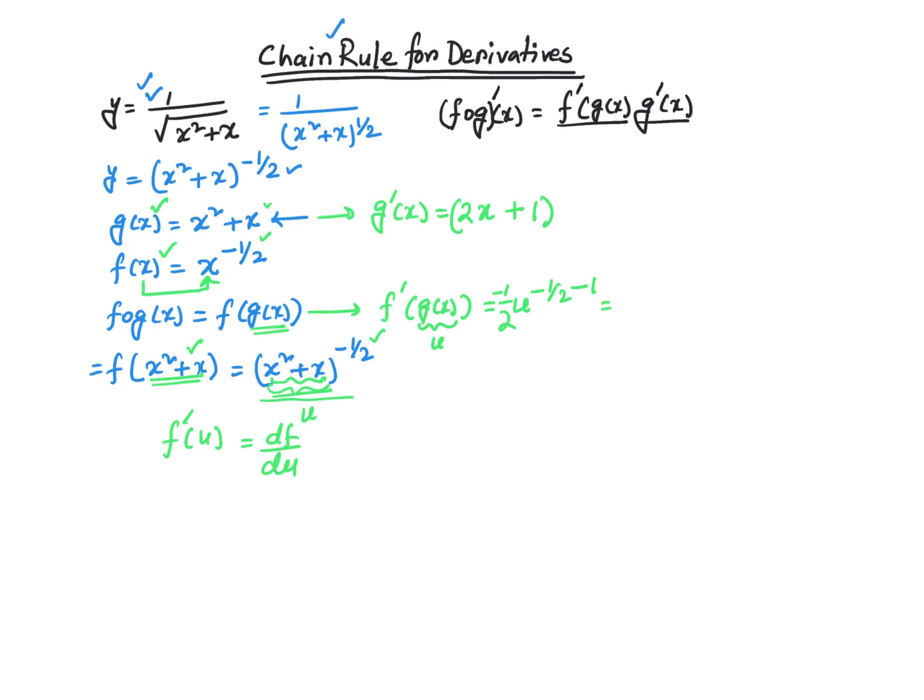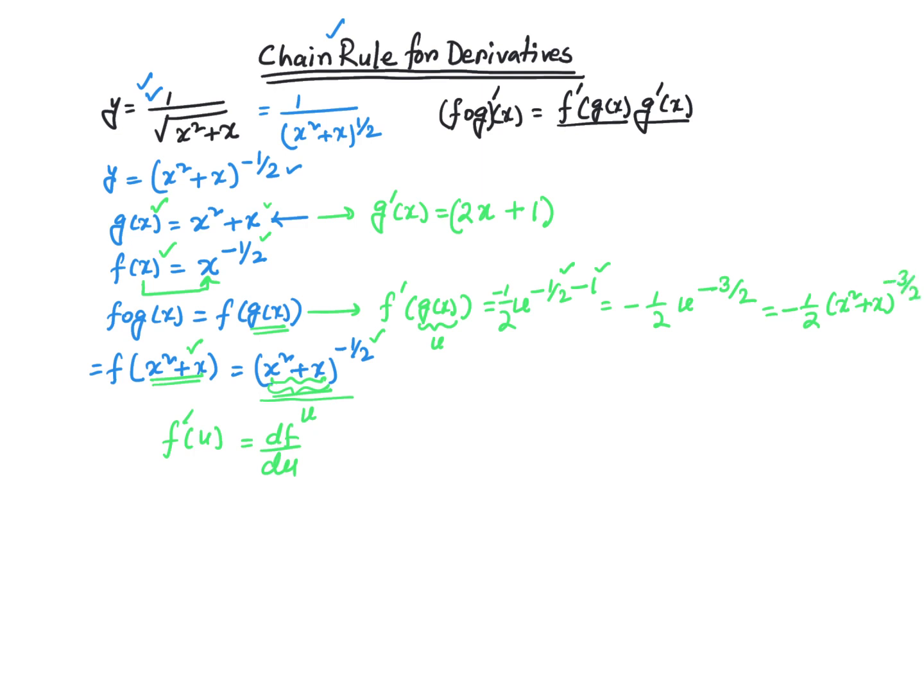So that's going to give me negative 1/2 times u to the power negative 3/2, or negative 3 over 2. Negative 1/2 minus 1 is negative 3 over 2. But my u is actually x squared plus x, so it's going to be just negative 1/2 times x squared plus x raised to the power negative 3 over 2.